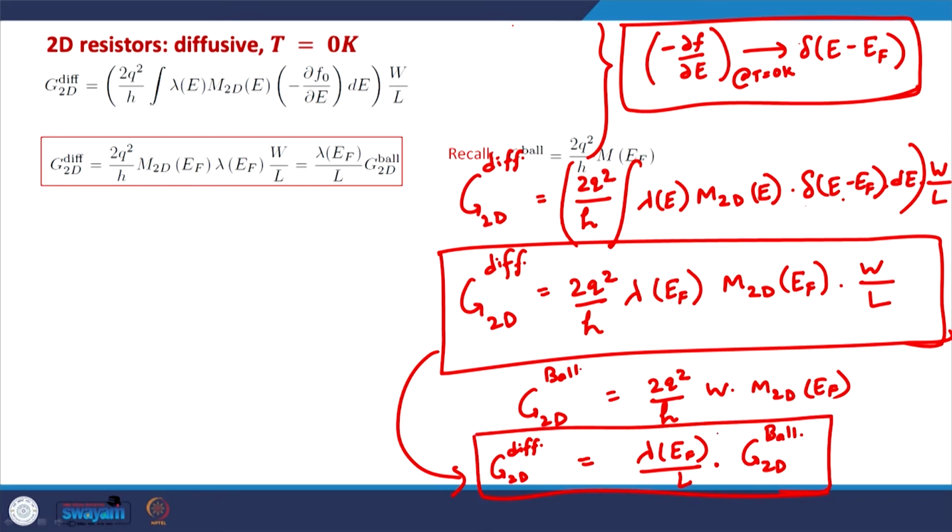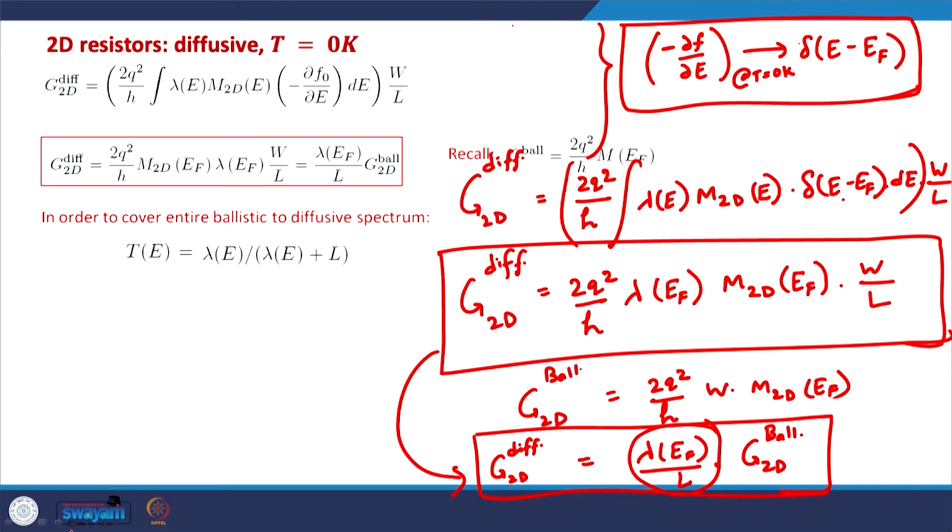The only difference is this term. In the case of a diffusive conductor, we need to know the scattering length of electrons at the Fermi level when we are trying to calculate the conductance or resistance at 0 Kelvin.